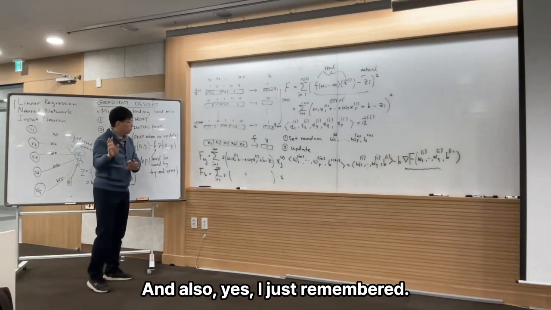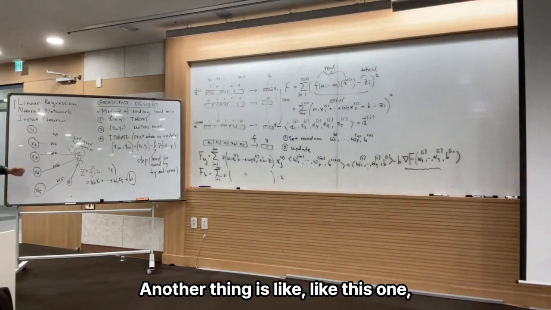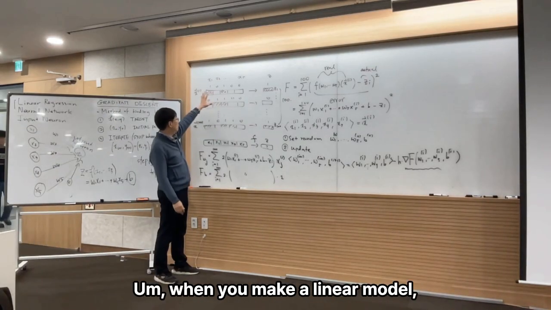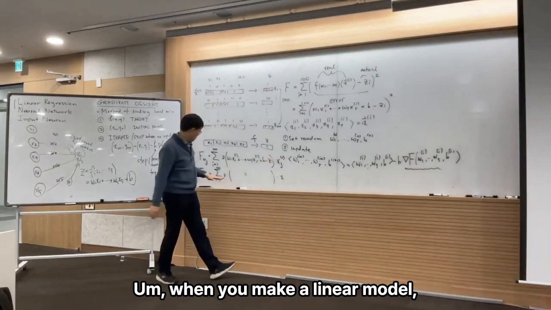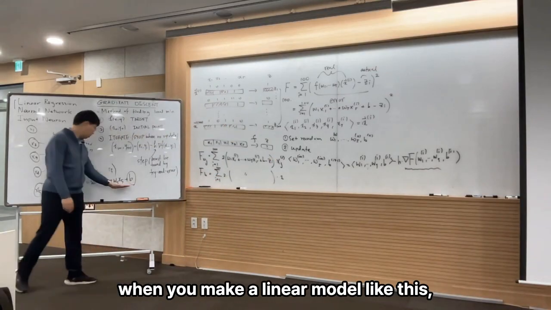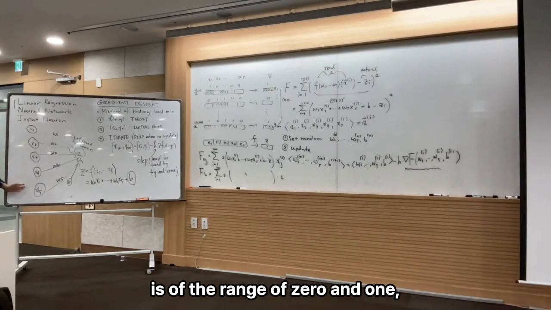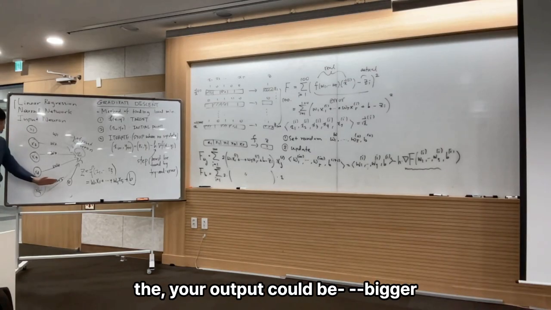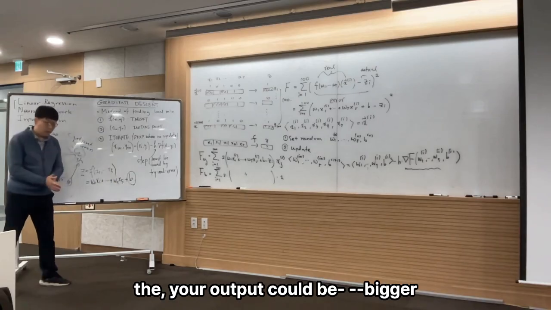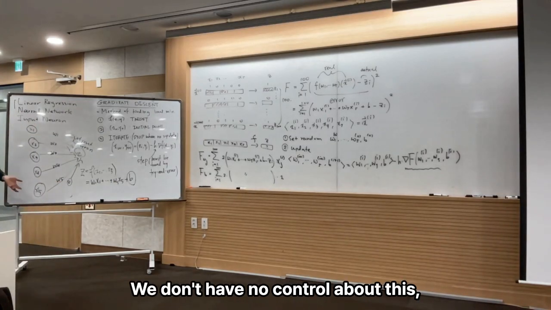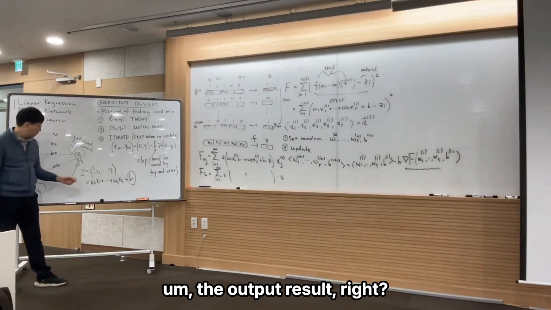And also, yes, I just remembered. Another thing is this situation here. When you make a linear model like this, even if your input neuron is in the range of 0 and 1, your output could be bigger than 1 or smaller than 0. We have no control over the output result, right?